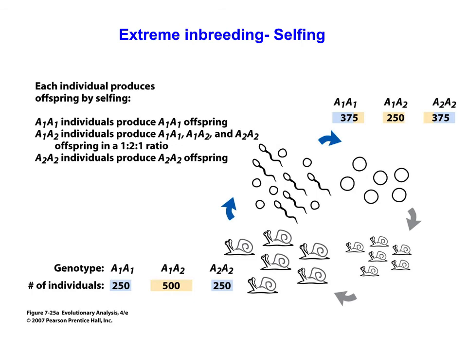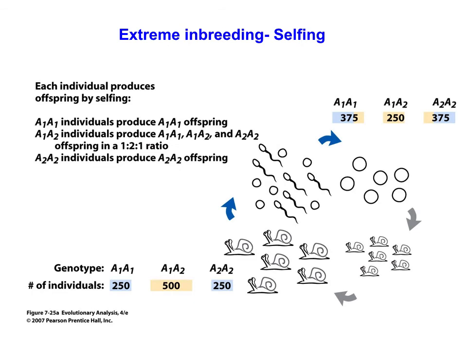You can even do a little Punnett square. What happens when you have A1A1 crossing with A1A1? 100% of the offspring are going to be A1 homozygous individuals. The same thing happens with A2 individuals.